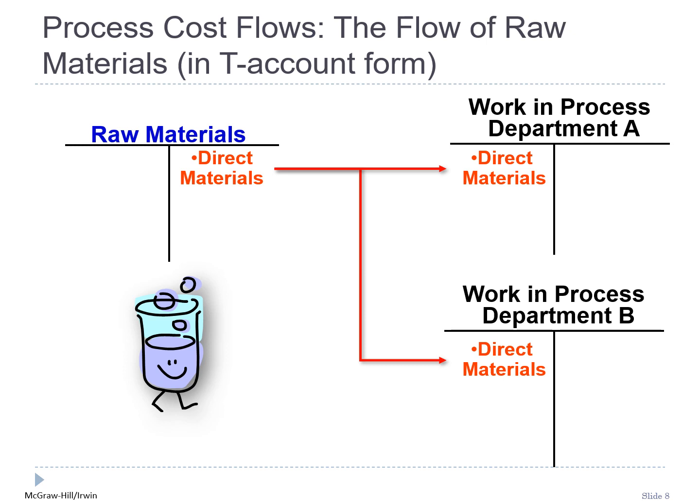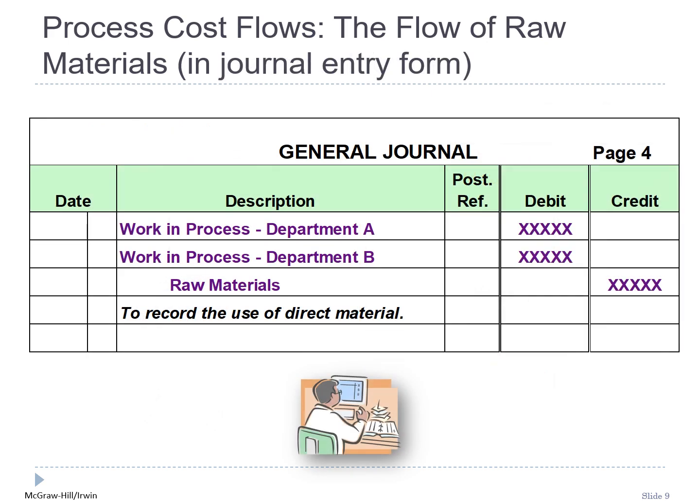So, napupunta siya dun sa work in process for each department. So, ang journal entry doon will be debit to work in process department A, debit to work in process department B, and credit to raw materials inventory.